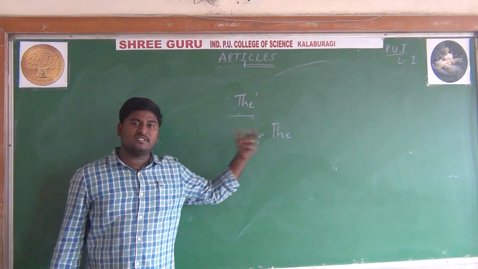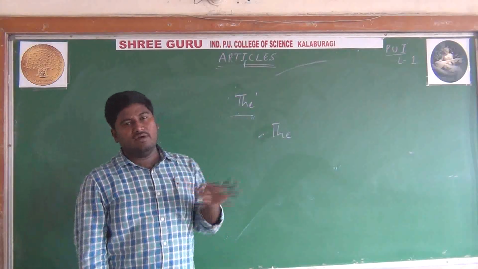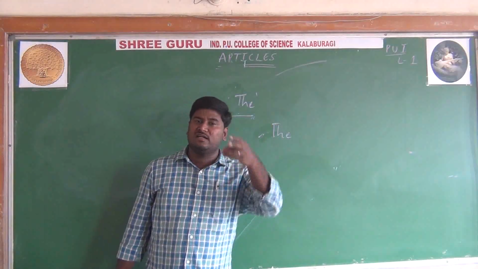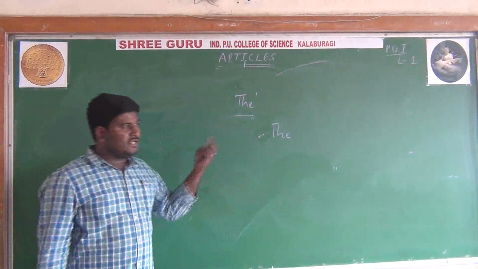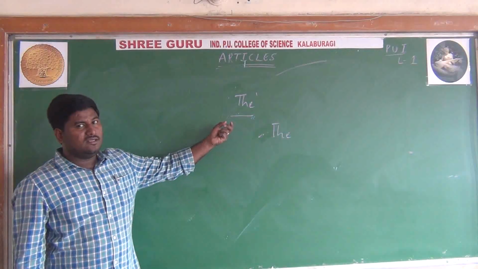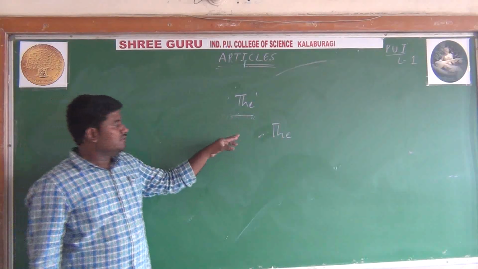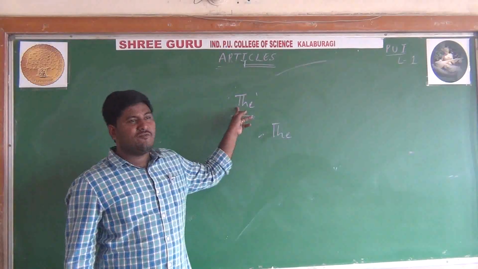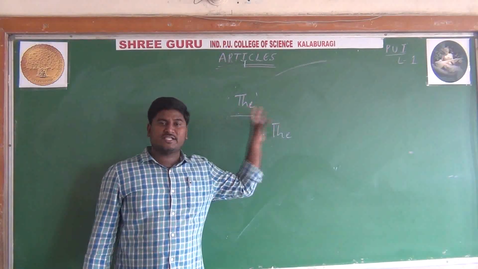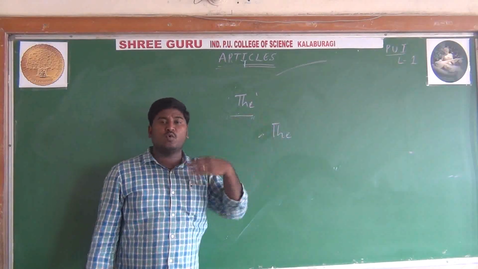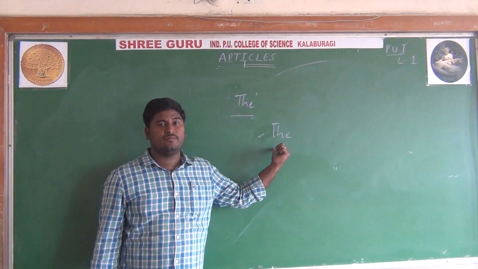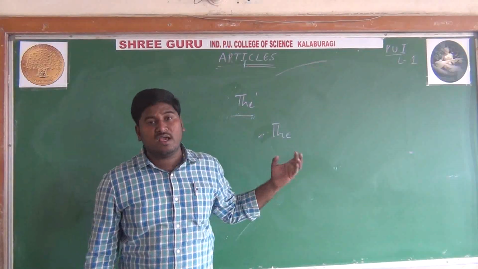Some of us pronounce it one way wherever and everywhere. There is a rule: before a consonant sound we should say thuh, before a vowel sound we should say thee. My father went to the office.